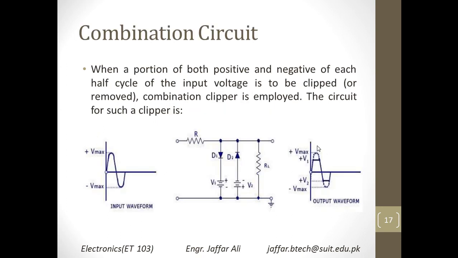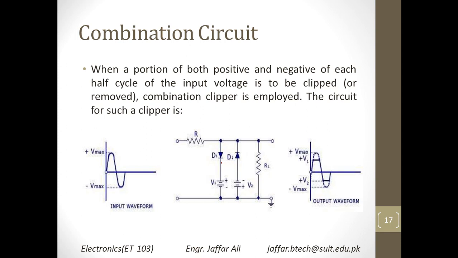Mostly these clipper circuits do not occur in separate or isolated form, they occur in combination form, because you want to clip or adjust the peaks of both higher and lower, that is both positive and negative. So you can have a circuit with a combination of both negative and positive bias clippers.